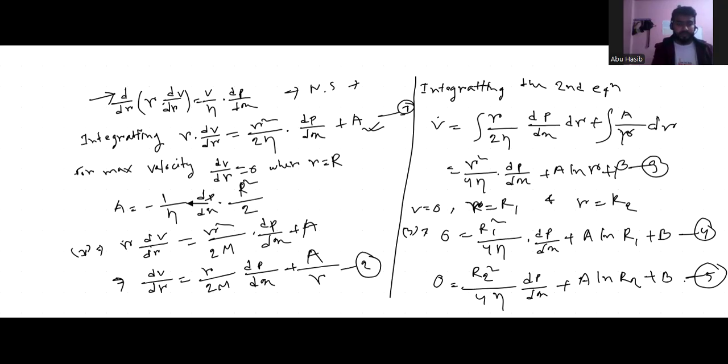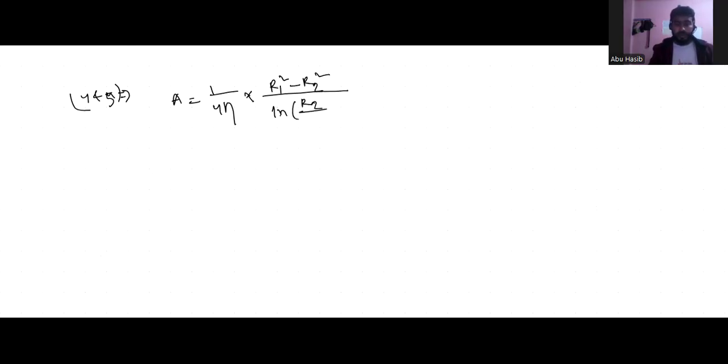Now from equations 4 and 5, we will get a is equal to 1 by 4 eta into (r1 squared minus r2 squared) divided by ln r2 by r1, dp/dx. We note it with number 6.